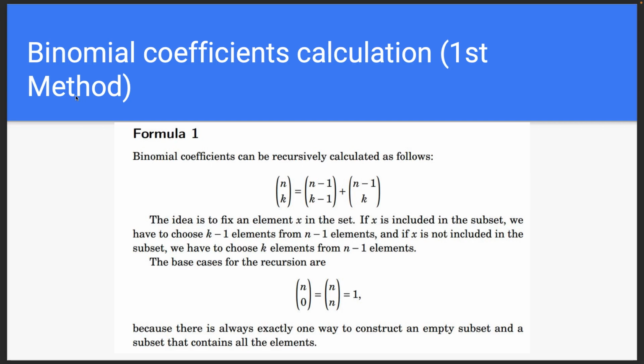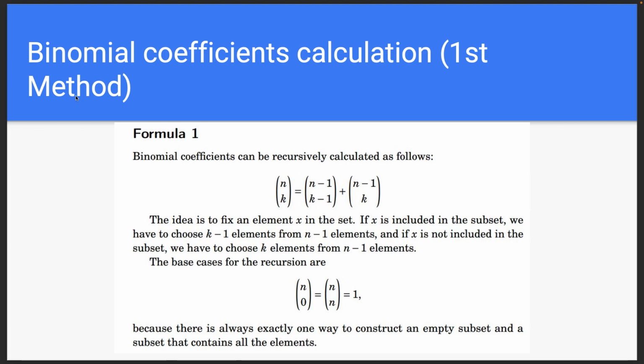If it was not chosen, we should choose k numbers out of the remaining numbers. So it would be the combination of k and n minus 1, choosing k out of n minus 1.